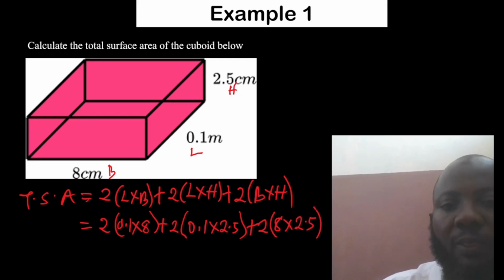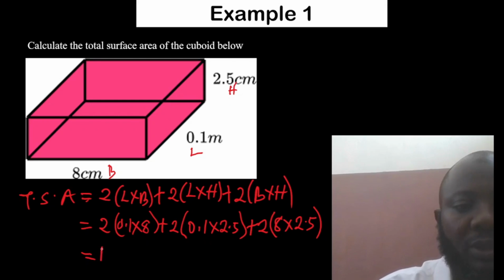So let's now multiply this out. We're going to have 2 times 0.1 times 8. That gives 1.6.